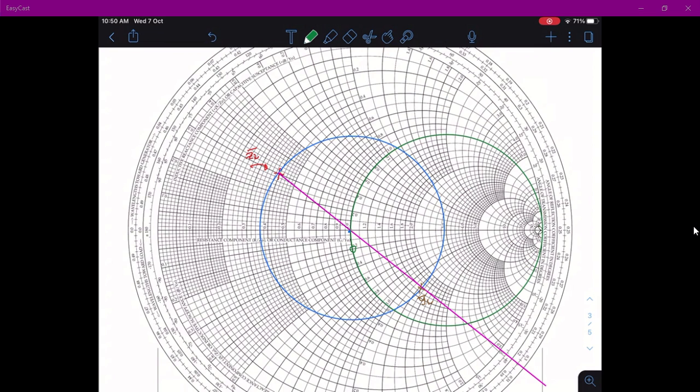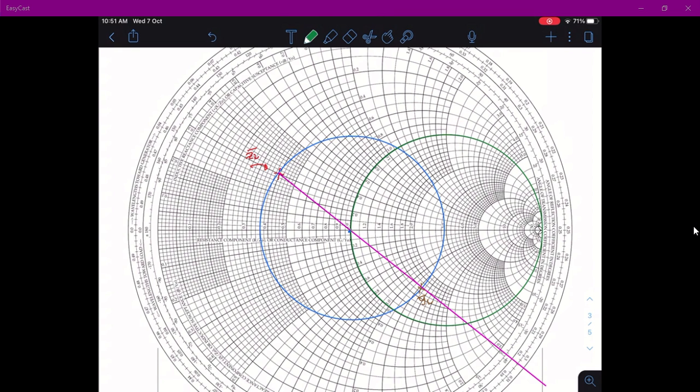So that is our r equal to 1 circle. Now you find the intersection of the r equal to 1 circle and the constant VSWR circle. Let me mark all these points.